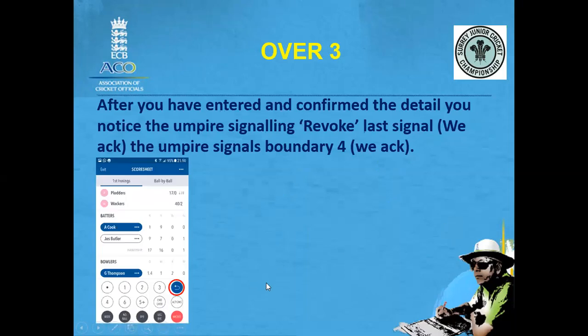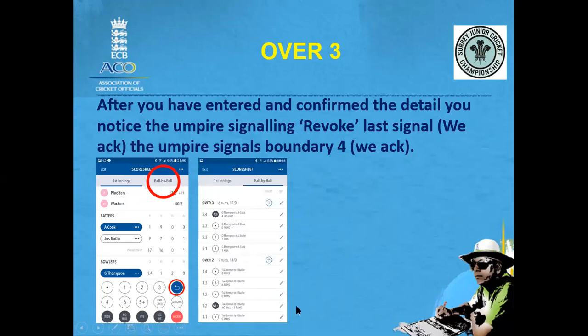So we have 2 choices. We can hit the back button, and that will erase the last delivery that we've put in, and we can just put in that it was 4 runs rather than 4 leg byes. Or if we click on the ball by ball option, we get to see a different view.